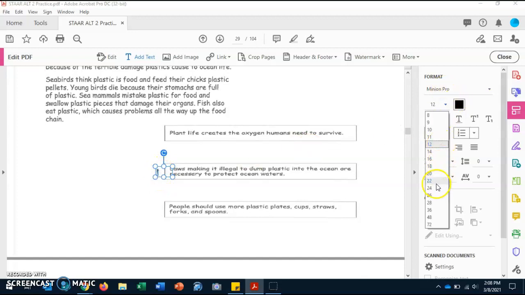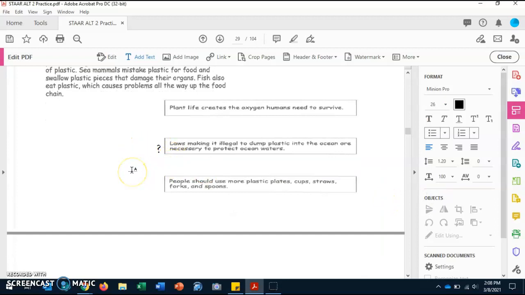They are trying to convince us that ocean laws are probably something we need in order for us to protect the ocean waters. Or are they trying to convince us that we need to use more plastic plates, more cups, straws, forks, and spoons? No, right?